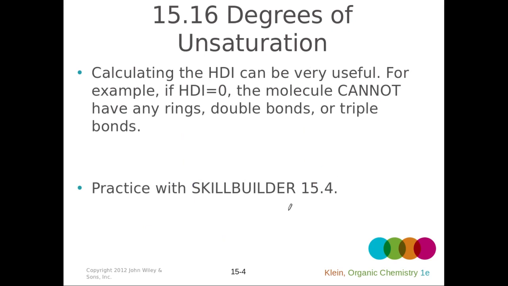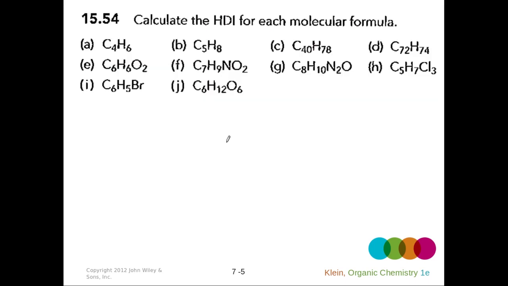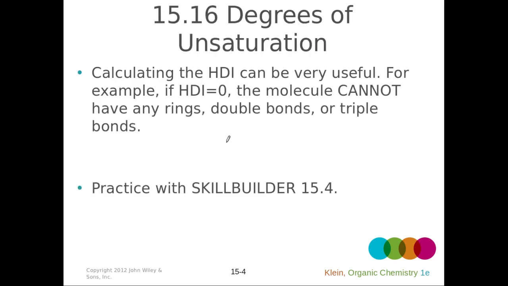Now most of the time you don't really have to use this formula to calculate your HDI. You can just compare the number of hydrogens you have relative to the number of hydrogens that would be in that molecule if it were fully saturated. We're going to work a couple of problems with that. So obviously if we have an HDI of 0, then the molecule doesn't have any rings or any double bonds.